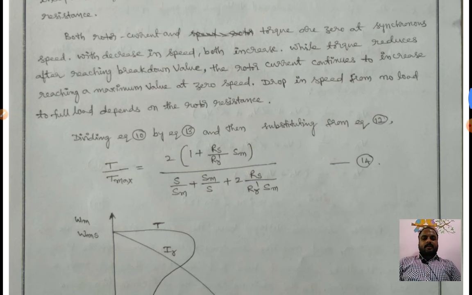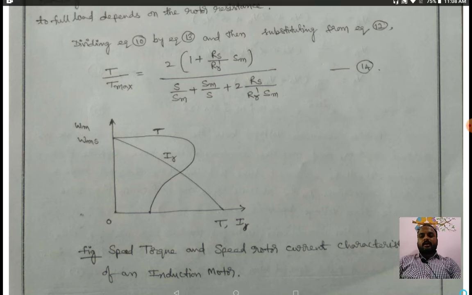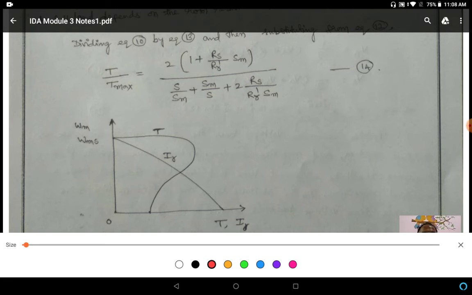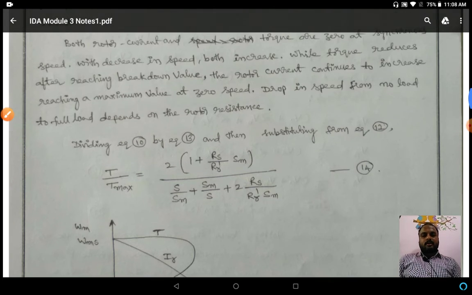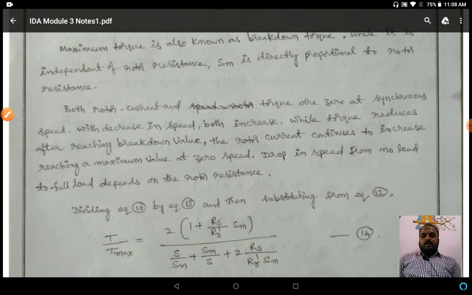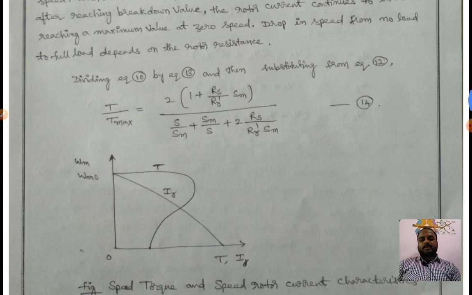Next one, both rotor current and torque are 0 at synchronous speed. From this figure you can say both rotor current and torque are 0 at synchronous speed, right?